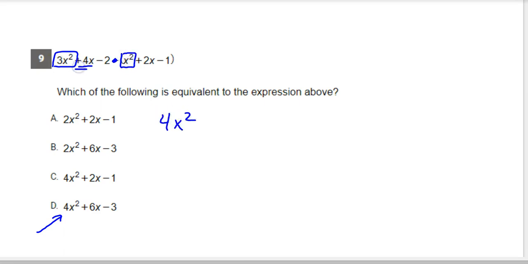Then they say, I have a +4x and a +2x, so that's plus 6x. And then they say, oh, I have a -2 and a -1, which makes -3. And then it leads them to believe this is the right answer. And it's all because they ignored that little minus in front of the parentheses there. So just be very aware when you see subtract a big chunk like that. You need to deal with it properly.